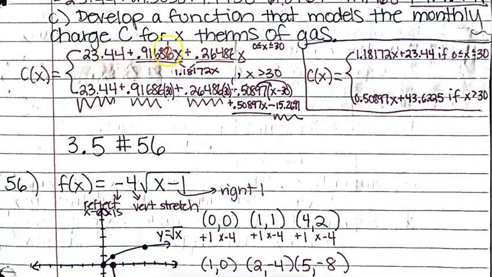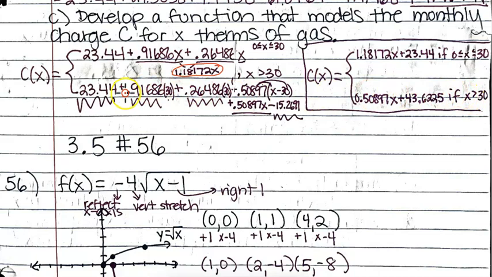So the number of therms used, which is going to be between 0 and 30, is my X. So I have these two rates that are both multiplied by X. So right here, this number comes from adding these two like terms together. The 2344 is a flat rate. So that just stays. So that's how we got this. Again, make sure that you have noted that this piece is only if X is between 0 and 30.